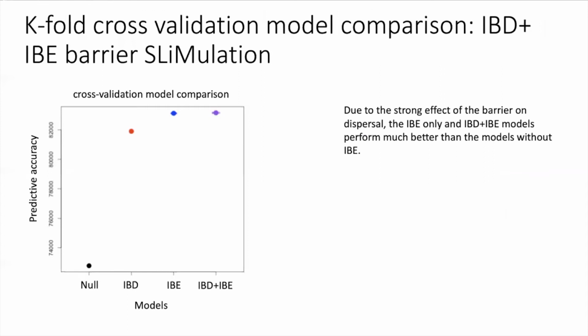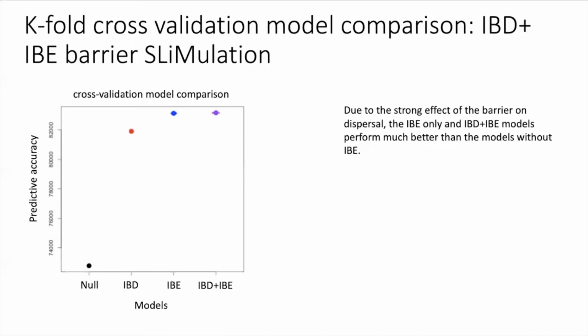And what we find when we do the cross-validation is very much in line with what we would hope. Here you can see the 4 different models: a null model, an isolation by distance only model, an isolation by ecology model only, and the full model. And when you look at the predictive accuracy, it's clear that the null model does a very poor job.